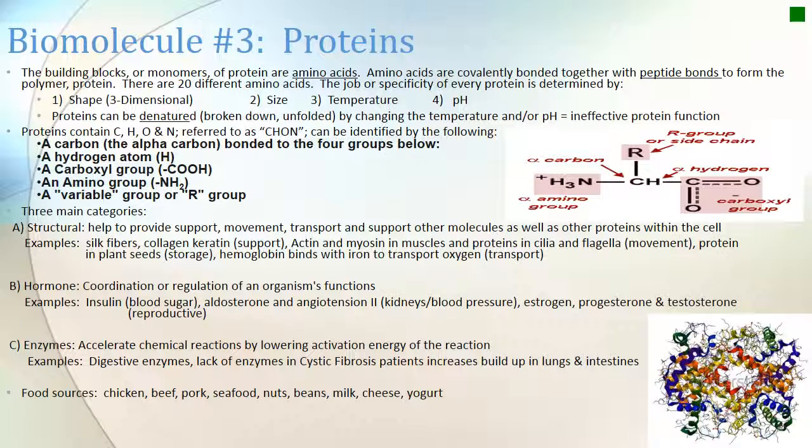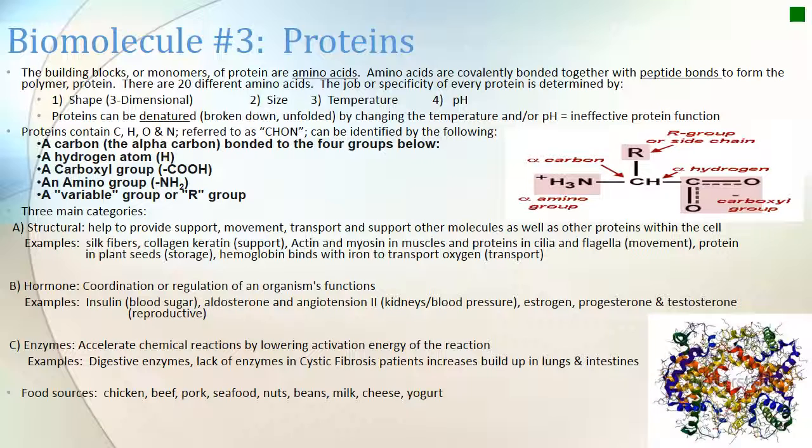So that builds up as a result, in the lungs and intestines, and causes complications. We'll go into a lot more detail from a genetic standpoint, a DNA standpoint, but you'll hear me and the text refer to cystic fibrosis as an example of enzyme deficiency.